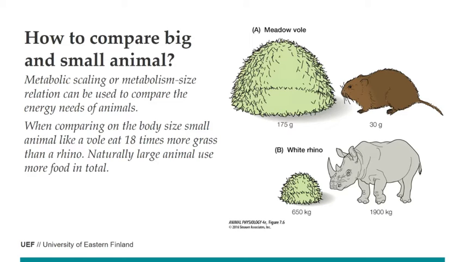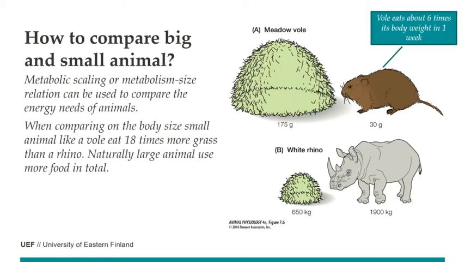Naturally the large animal uses more food, but relative to weight, if a 30 gram animal is eating 200 grams, it eats about 6 times its body weight, whereas the rhino consumes only 1/3 of its body weight within the same time. So there must be something that makes these large animals a little more efficient in their energy consumption.